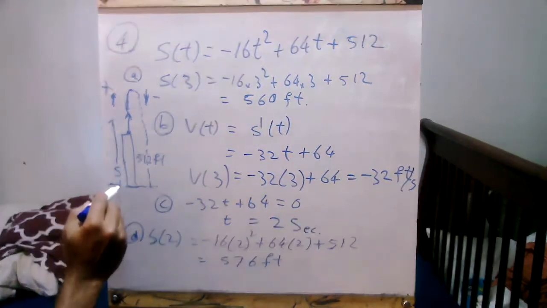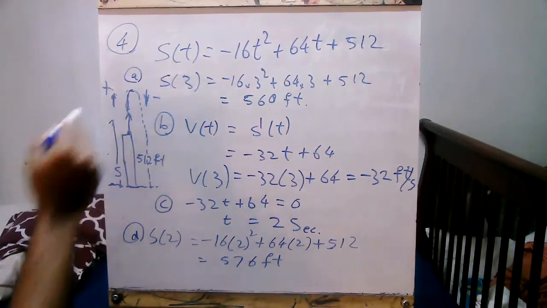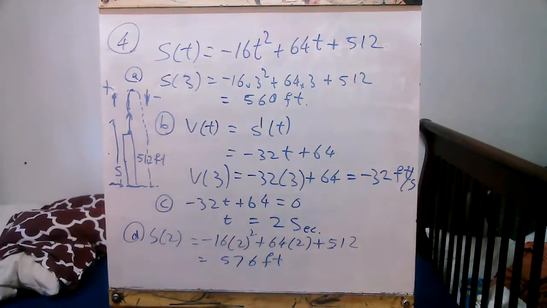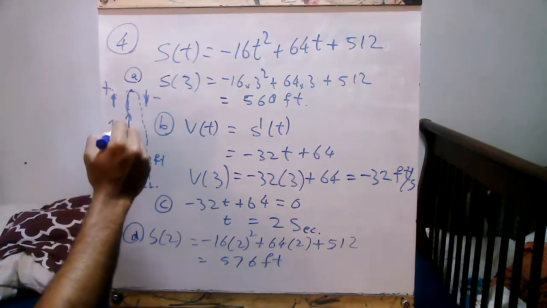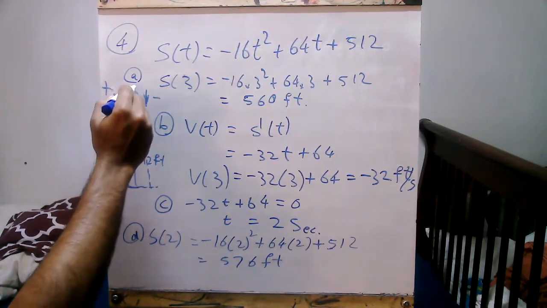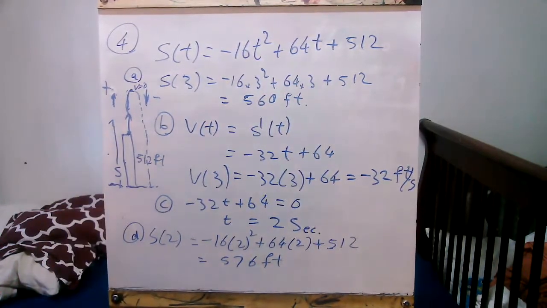That means from here to the top it is 576 feet. Not the top of the building, but where the velocity is 0. The ball goes up here. This is the point where velocity equals 0. That is part D.